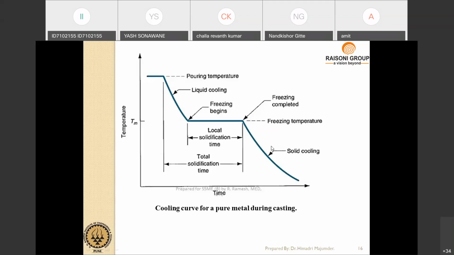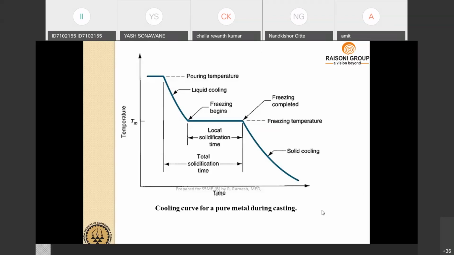Mention all of these. So quickly draw this graph, because in the exam this type of question may come, such as: draw the cooling curve for a pure metal during any manufacturing operation. At that time you can draw this. So all of you draw this.